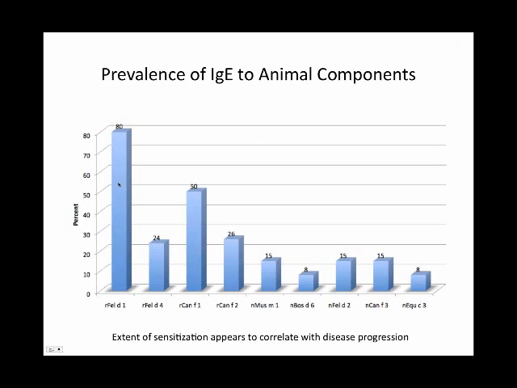Top one, easily FeLD1. It's the most common sensitization that I found in our panel. There is actually some correlation to FeLD4 and CANF2. Not so much with CANF1, but these two seem to go along together.